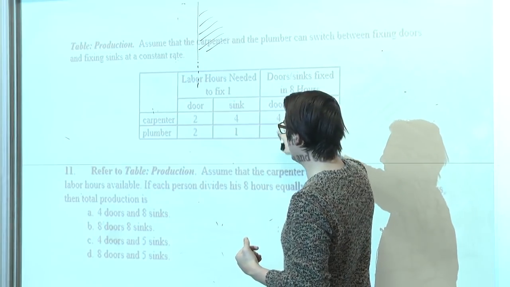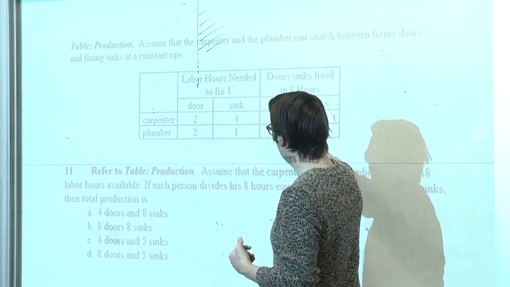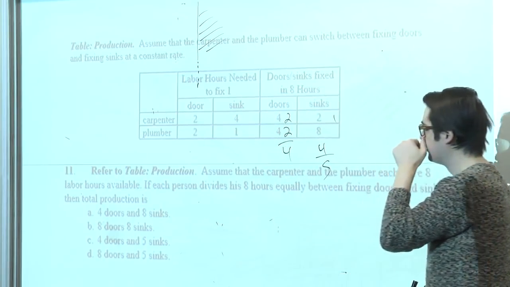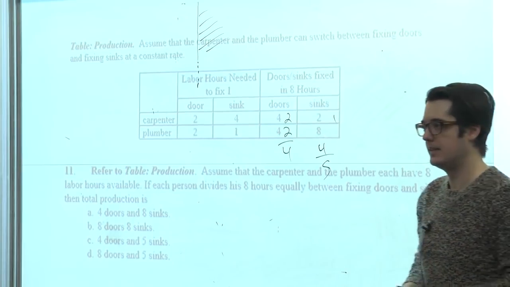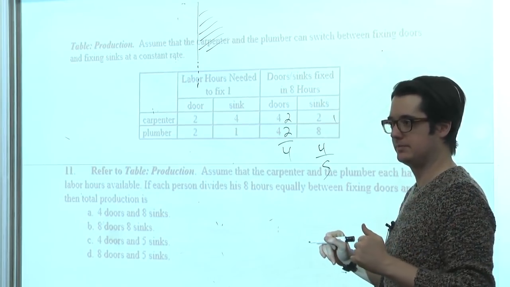For doors, if they spend all their time, they can produce 4. If they split their time, they can produce 2. So it'll be 4 doors, 5 sinks if they both split their time equally.